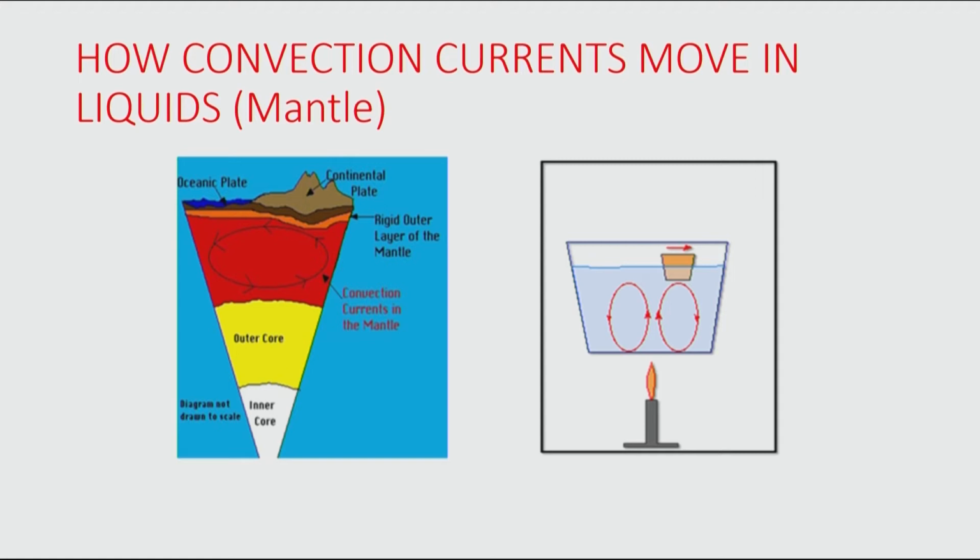When heat is applied to the liquid, the convectional currents start to move as the liquid starts to boil. When it moves, the object floating on it starts moving in the direction of the arrows that you are seeing. And this is exactly what happens in the mantle. The heat is able to move the pieces of the crust on top.